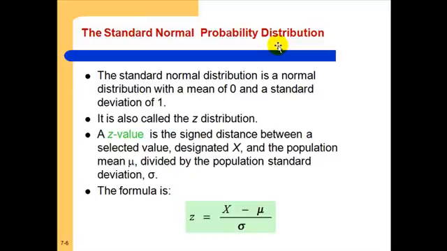Once we convert it, we can use a table, which we call a Z table, to help us find the probability of that value falling into a certain range. How do we understand that? Let's check some examples out.